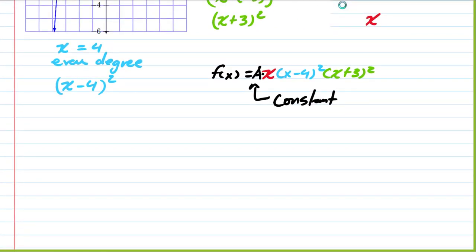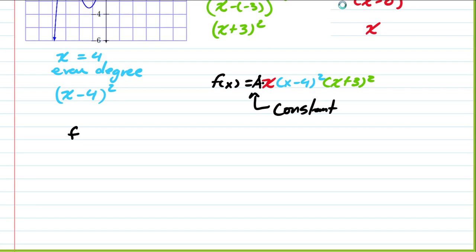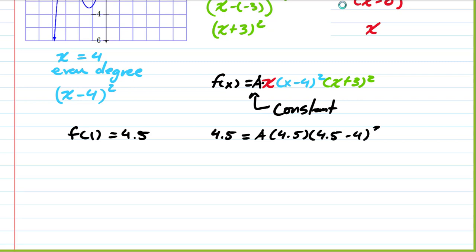But if we were also told, for example, that f of 1 had to be 4.5, we could then use that to solve for a. So we would have 4.5 is equal to a, which we don't know, times 4.5 minus 4 squared. Oops, I missed the first x. So it would be 4.5 times (4.5 - 4) squared times (4.5 + 3) squared.